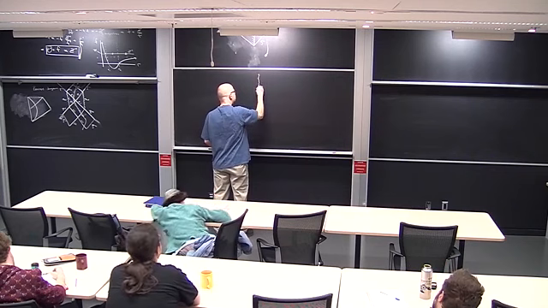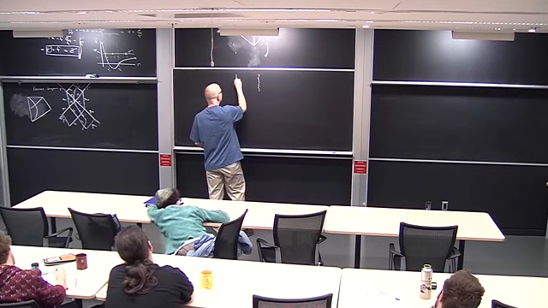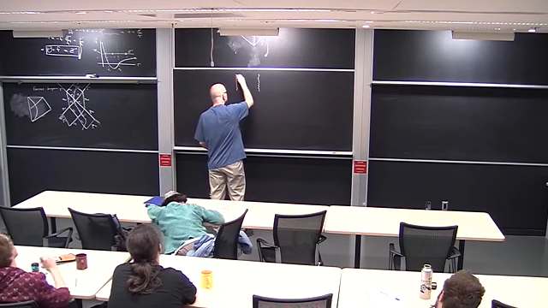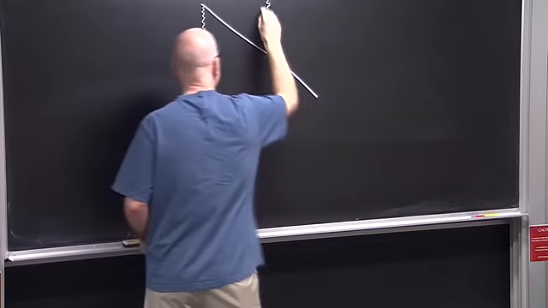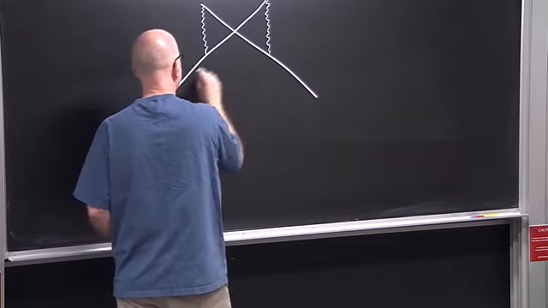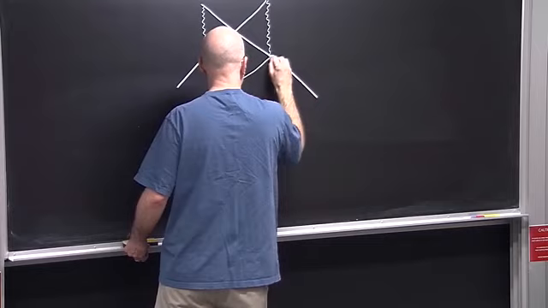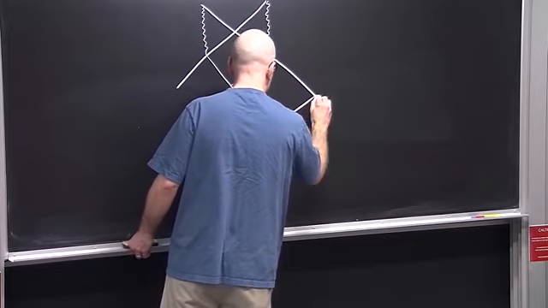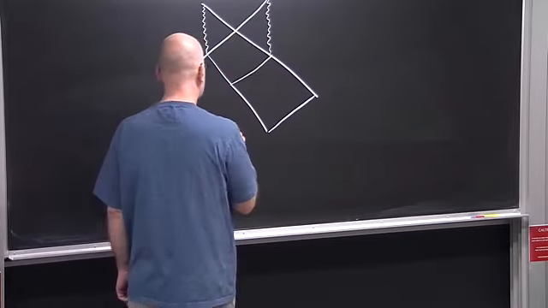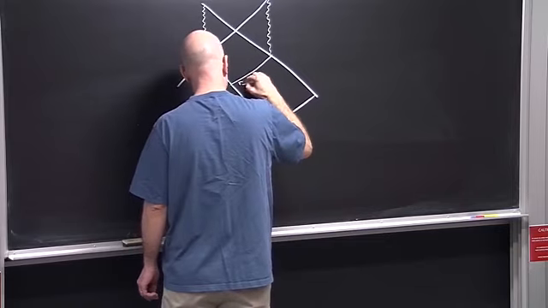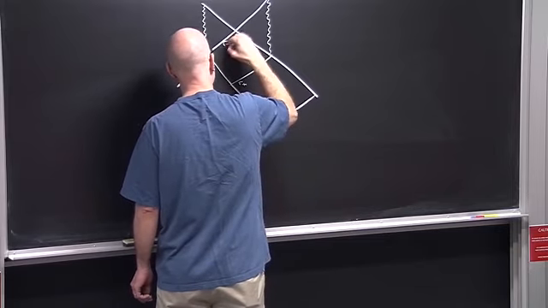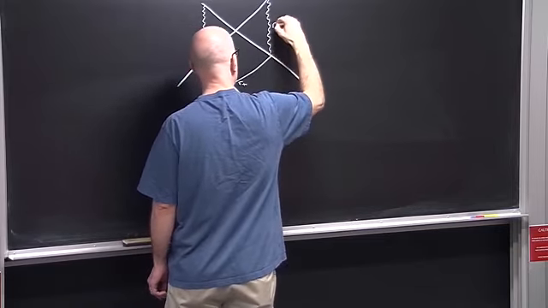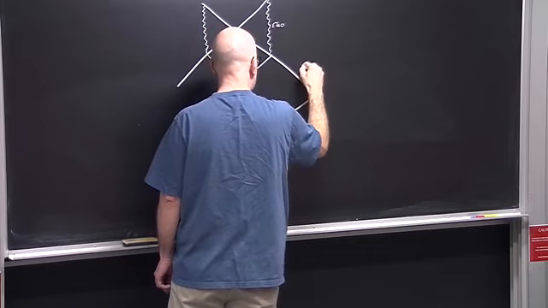Okay, another copy of the Penrose diagram. Okay, I'm going to stick with this. So this is r plus, this is r minus, as usual, and this is r equals 0 as usual. This is scri plus.